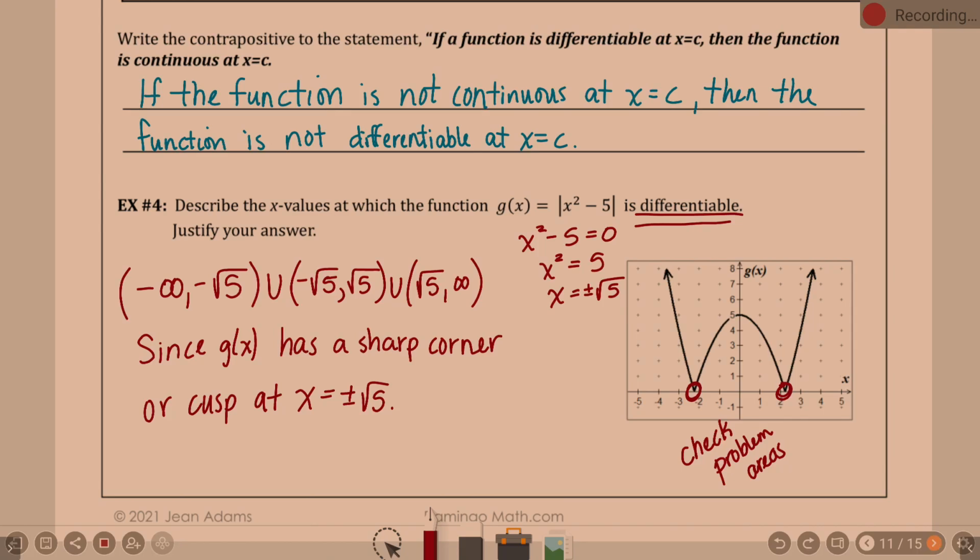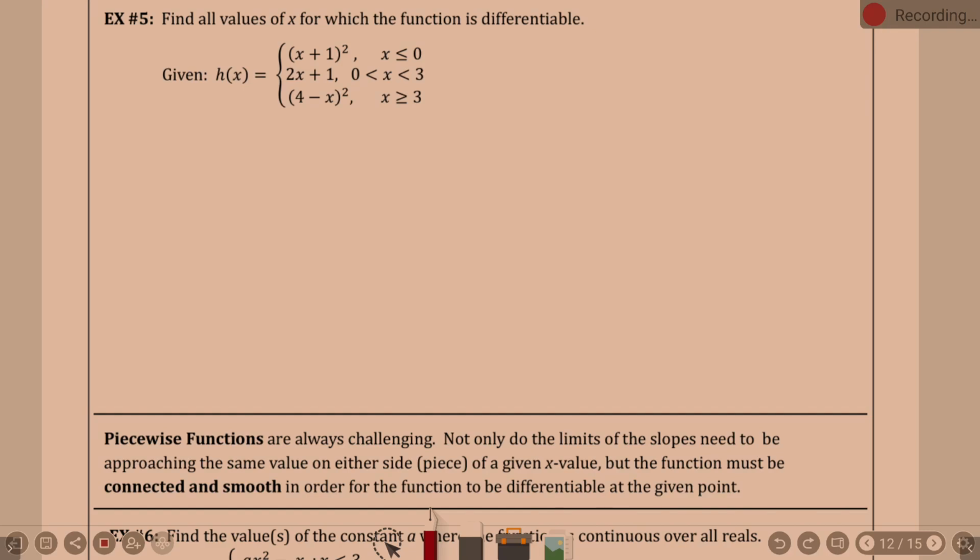Find all the values of x for which the function is differentiable. What do we know about these individual pieces of this piecewise function? They're all continuous.